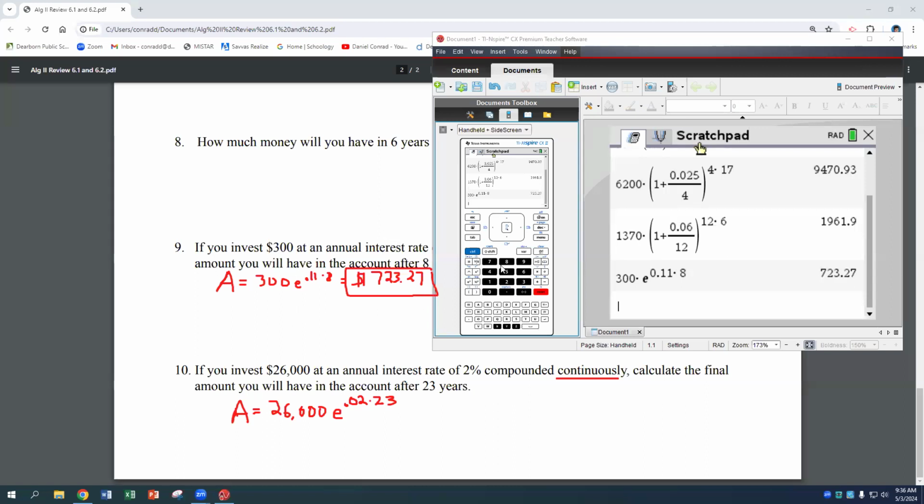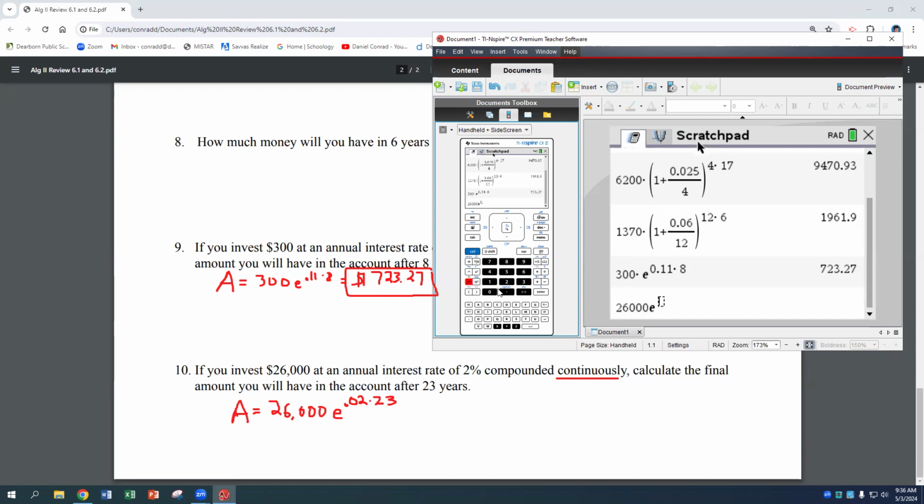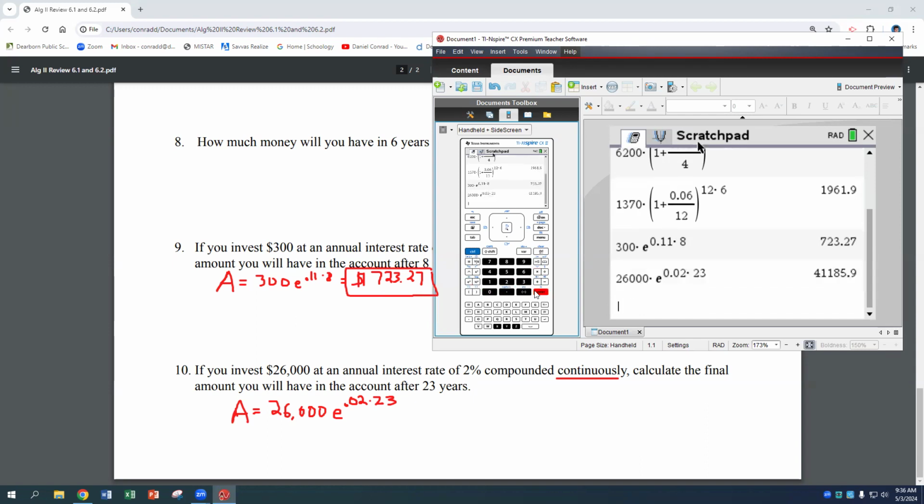So 26,000 e to the 0.02 times 23. And we get a final answer of $41,185.90. And that's it.